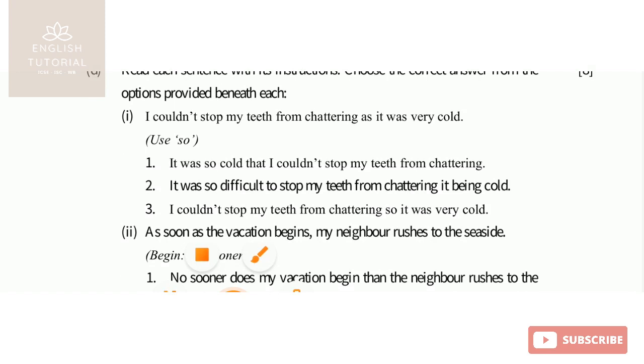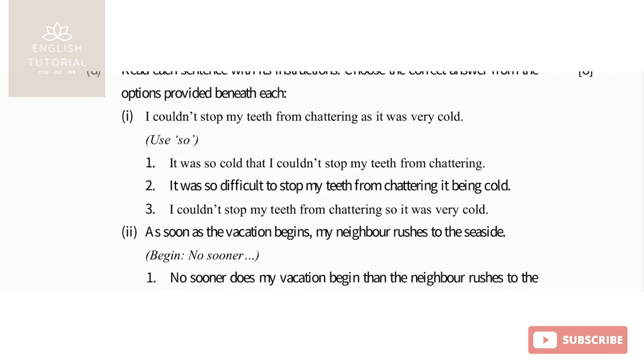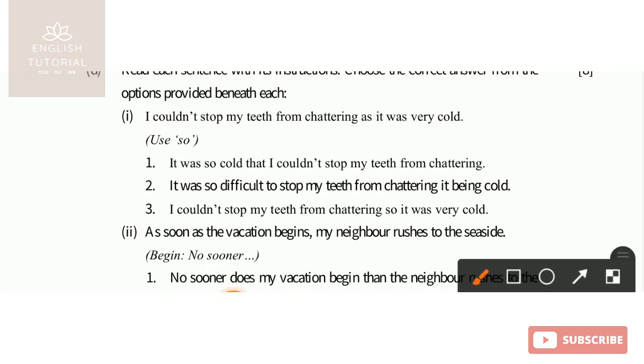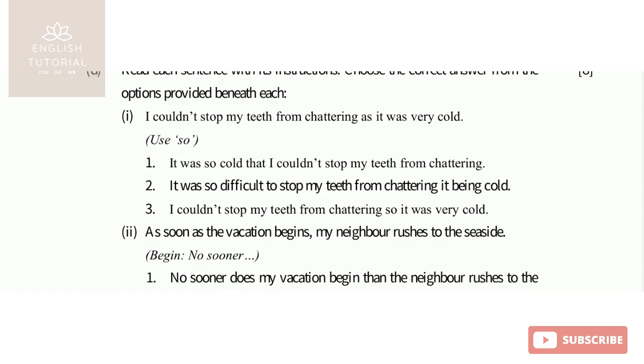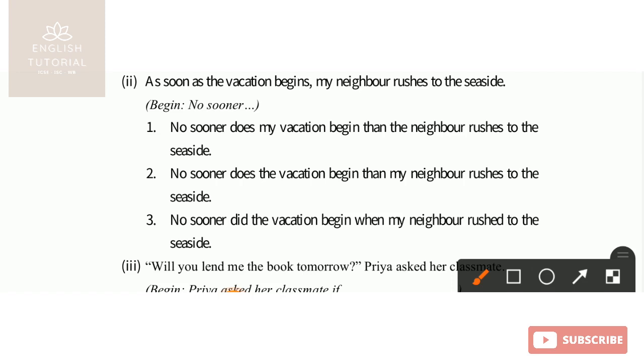Now D, the transformation of sentences, or do as directed, or rewriting, and it carries 8 marks, so 8 questions are there. Okay, so the answer to 1 will be 1. Okay, next 2 will be 2.